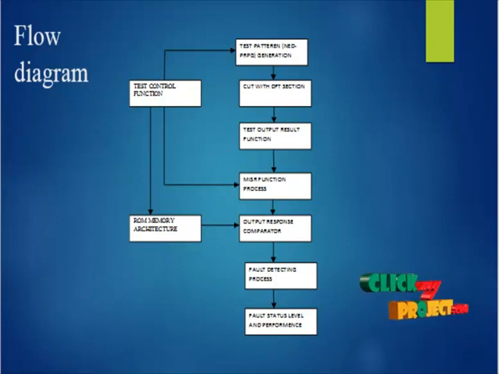pattern programmer processes. For the output result of the function in the test, we are using the NFED PRPG generation. The pseudo random pattern generation process is mainly used to generate the pattern result based on normalized distance.